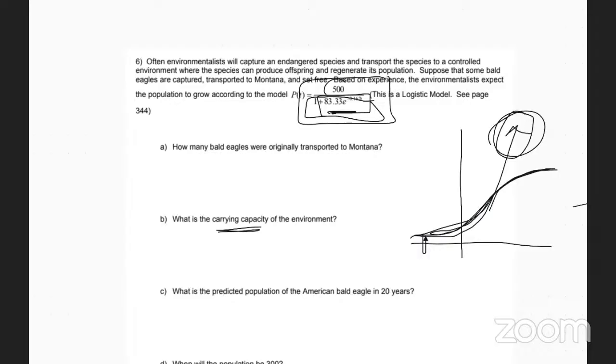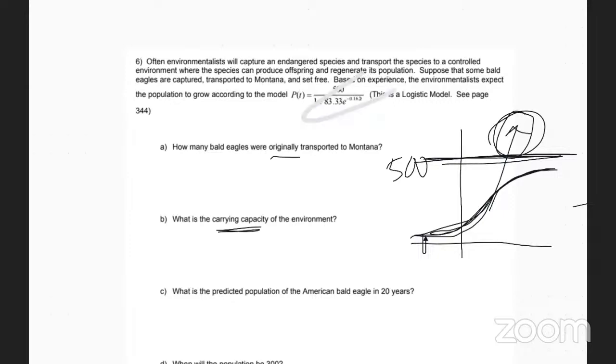So when it asks how many bald eagles were originally transported, that would be when time was zero. So plug in zero for t into that equation and find out what you get. It's probably not going to be an exact number, so you can round it.